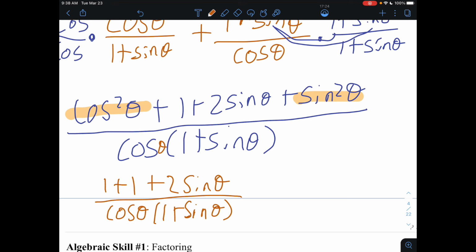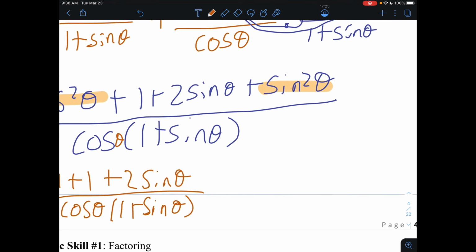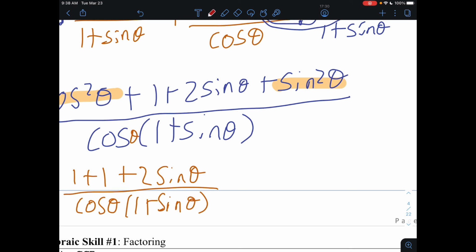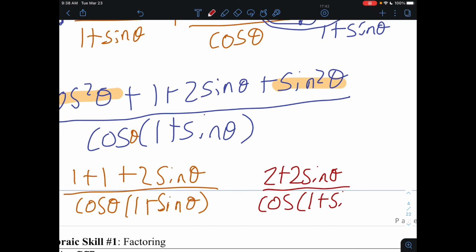So we're now going to add in the numerator. So 2 plus 2 sine of theta all over cosine times 1 plus sine of theta. So I notice here that we have a 2 plus 2 sine and we have a 1 plus 1 sine.